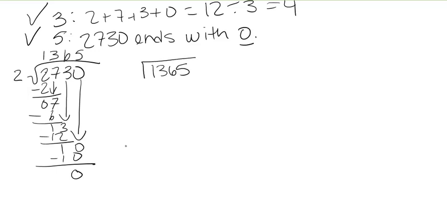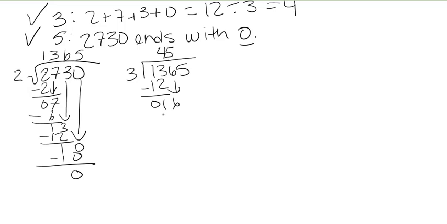Let's divide this number by 3. So 3 goes into not 1, but it can go into 13 4 times. 3 times 4 is 12. 13 minus 12 is 1. So now we bring down the 6. So now we have 3 goes into 16 5 times.